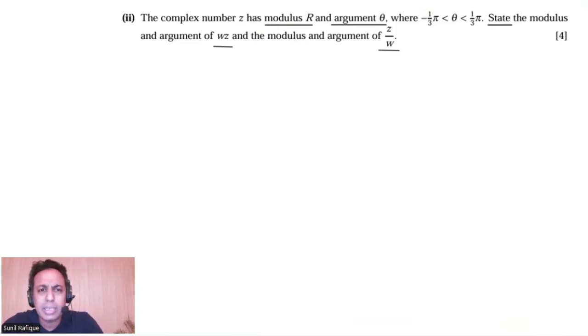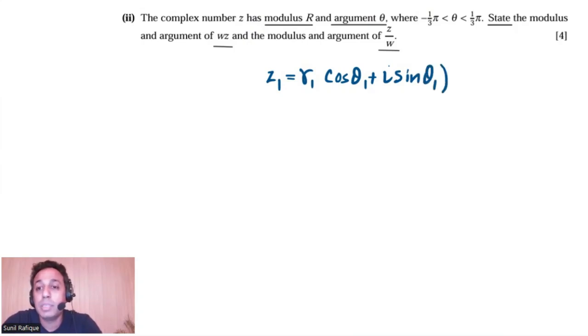So let me just quickly give you an idea. I was talking about this earlier in the previous question as well. So let me just give you the form. If you have two complex numbers, let's say z1 equals r1 cos theta 1 plus iota sine theta 1. I mean, in order to understand this question, you need to get yourself familiar with these ideas.